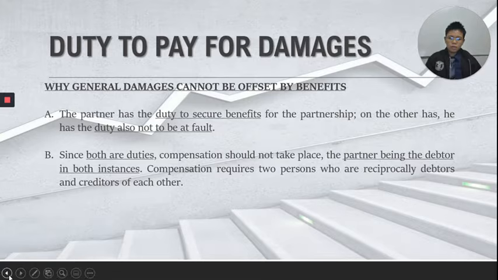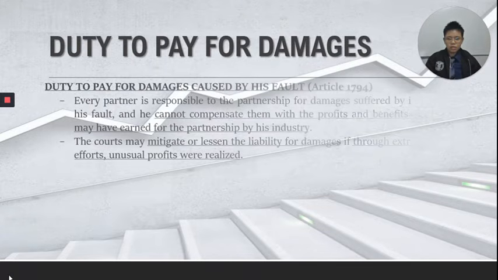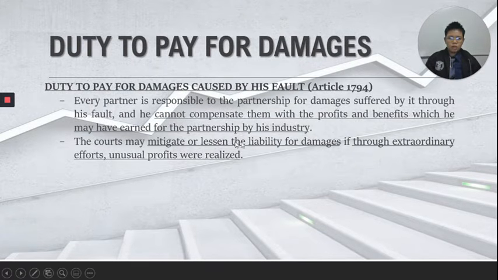When we go back to this slide, you can see class, unusual profits were realized due to extraordinary efforts. So the courts may mitigate or lessen, babawasan lamang yung liability. But hindi pwedeng totally alisin yung liability ng partner. For after all, remember, he caused damages to the partnership and dapat maging liable siya doon.